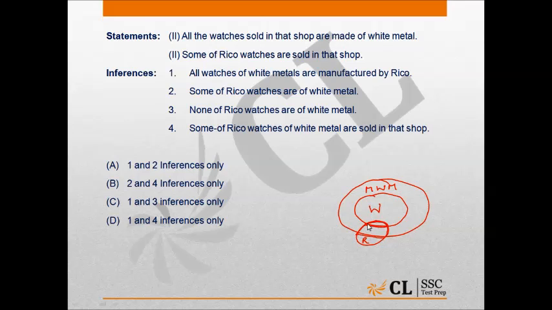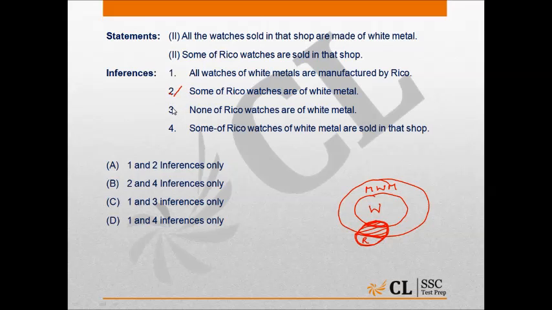This is the set of Ricoh watches. Ricoh watches made of white metal is this set. So definitely some of the Ricoh watches are made of white metal. So inference 2 is correct.